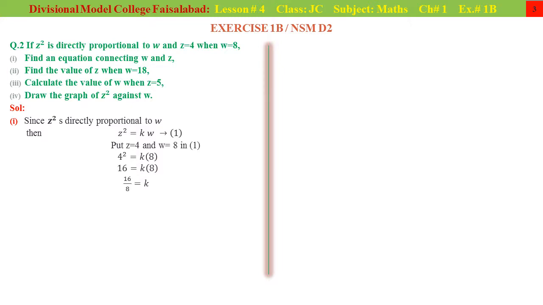So 16 over 8 is equal to k, and from here we get the value of k which is equal to 2. We will put this value of k in equation number 1 to get the answer of part 1. So z square is equal to 2w. This is an equation which connects w and z. So this is the answer of part 1.